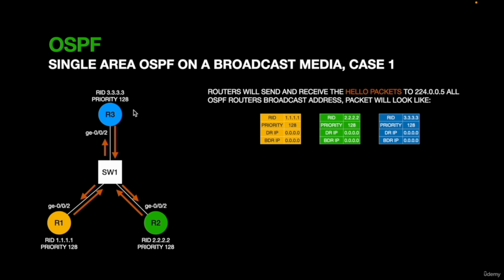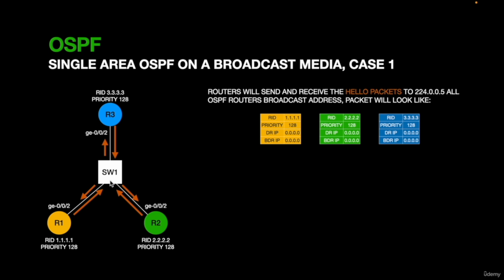But in almost all cases we are using the router ID configured as the loopback address, and each of the routers has its priority, which is by default 128.